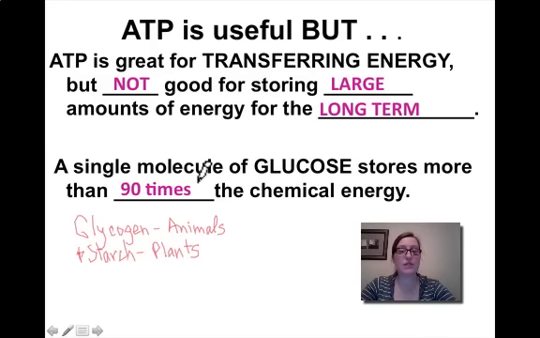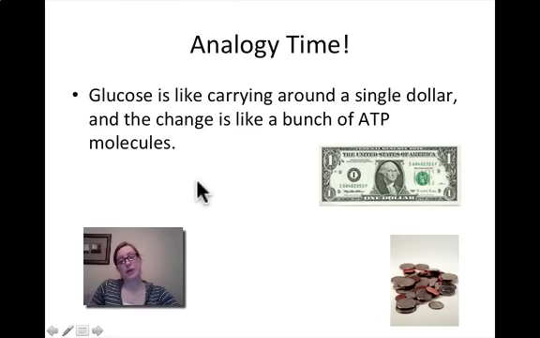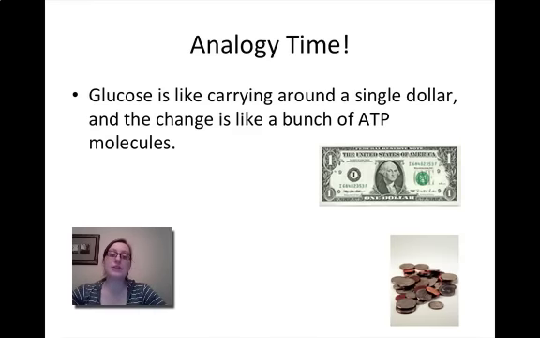That's kind of hard to understand, so here's an easy analogy for you. Everybody knows money, right? Okay, imagine you have a single dollar in your pocket. All right, you leave that single dollar there, that's sort of like your glucose molecule. It has all of this energy and all of this spending potential locked inside of it.